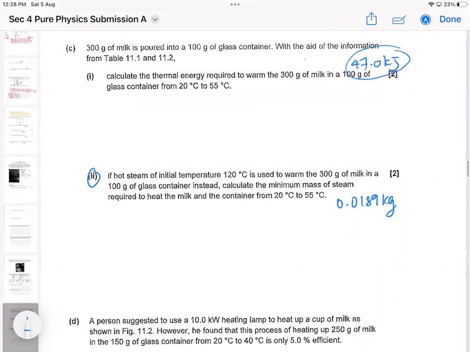So that means in this case, our heat loss by the steam. Steam starts off at 120 degrees Celsius. Eventually, it needs to reach liquid state at 55 degrees C. Do you agree?